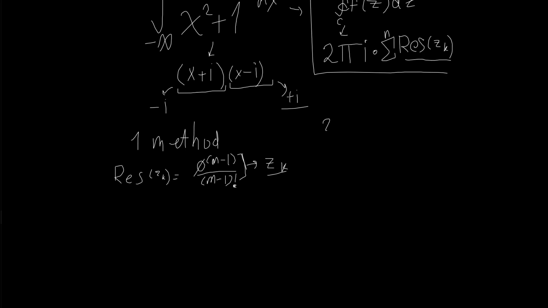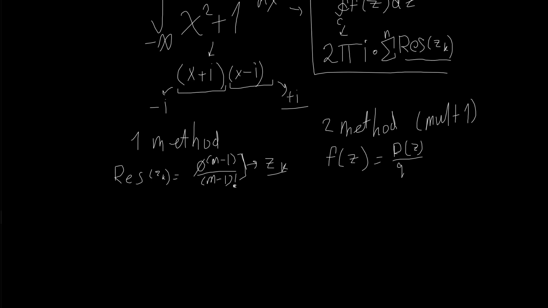And then the second method, which works specifically if the pole is multiplicity 1, is this: let's say you have a function f of z, where the top is p of z over q of z, and p of z is not equal to 0.